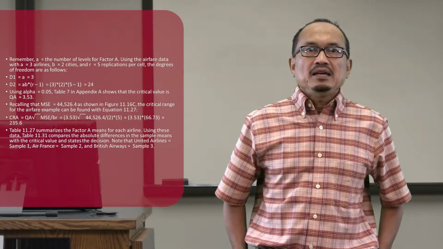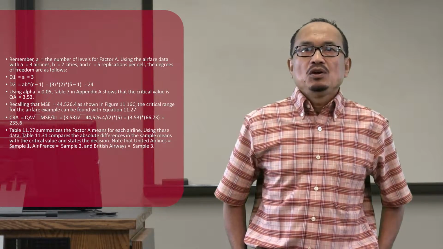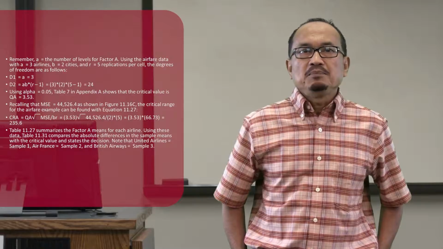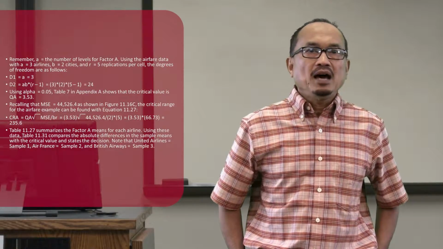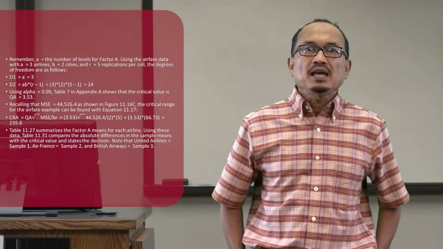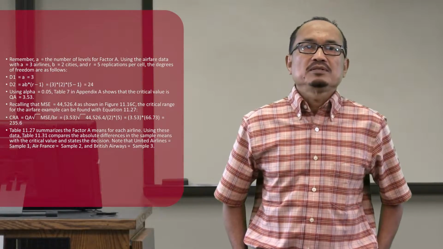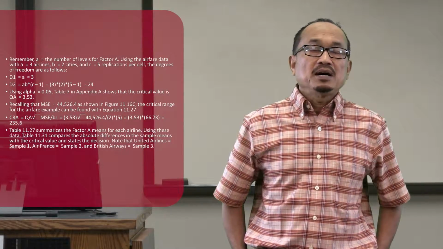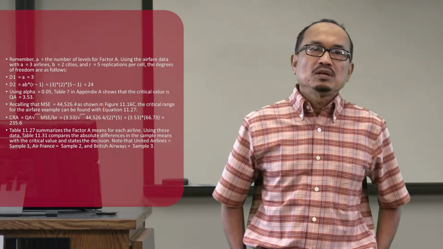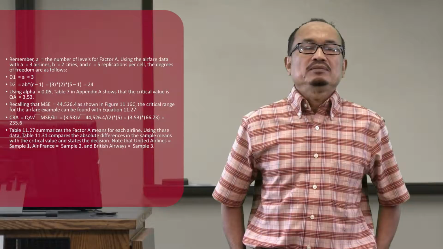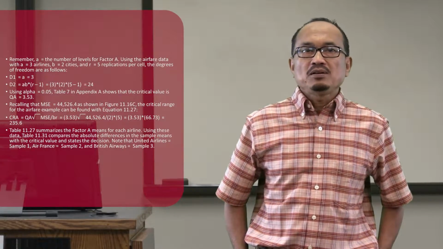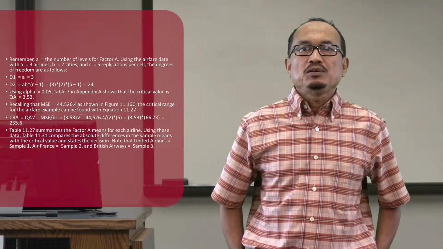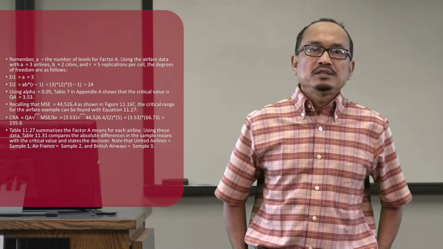Remember, A is the number of levels for factor A. Using the airfare data with A equal to 3 airlines, B equal to 2 cities, and R equal to 5 replications per cell, the degrees of freedom are as follows. D1 equals A equals 3. D2 equals AB times R minus 1, equals 3 times 2 times 5 minus 1, which is 24. Using alpha equal to 0.05, Table 7 in Appendix A shows that the critical value is QA equal to 3.53.